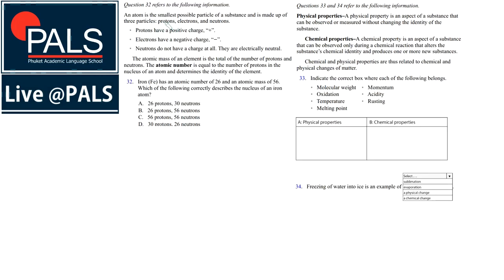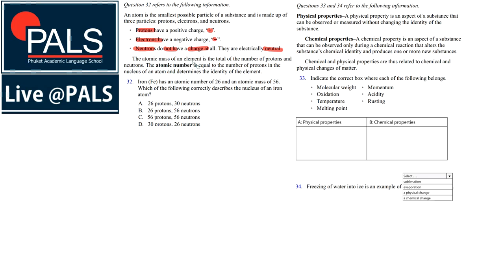An atom is the smallest possible particle of a substance and is made up of 3 particles: protons, electrons, and neutrons. Protons have a positive charge, electrons have a negative charge, and neutrons have no charge, they are neutral. That's where the name comes from.